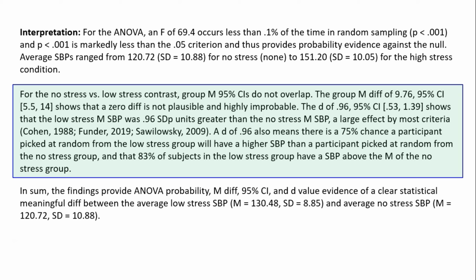In other words, what we have here is a mean difference in standard deviation units, right? It means that one group's mean is 0.96 standard deviation units greater than the other group's mean. And many people have difficulty understanding what that means in terms of an inference to the population level. And that's a fair assessment.